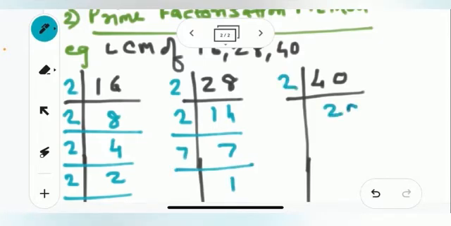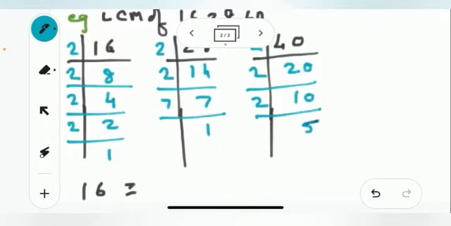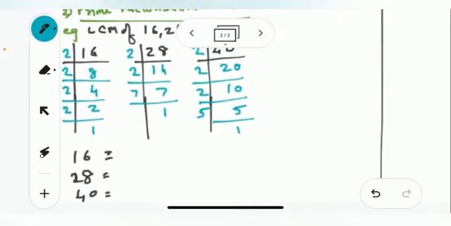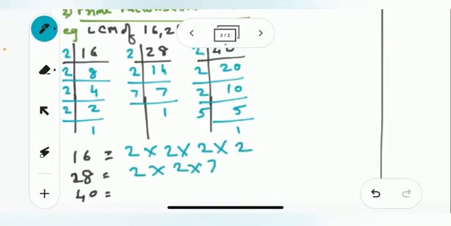For 20, 2 10s are, 2 5s are, and 5 1s are. So what factors will I be getting here? I am getting 2 into 2 into 2 into 2, 4 times. And next I am getting 2 into 2 into 7. The last one, the factors I am getting are 2 three times and 5 one time.